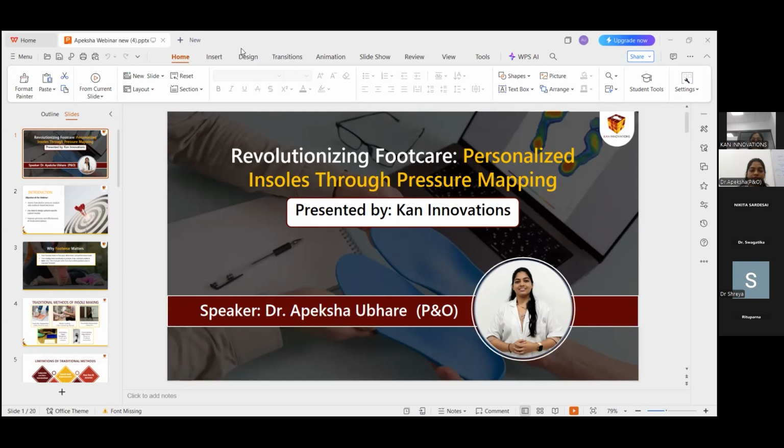Her patient-centric approach and focus on biomechanics have helped individuals regain mobility and reduce foot-related discomfort through innovative and evidence-based interventions. We are excited to have her share her insights, case experiences, and practical applications of plantar pressure analysis in today's session.